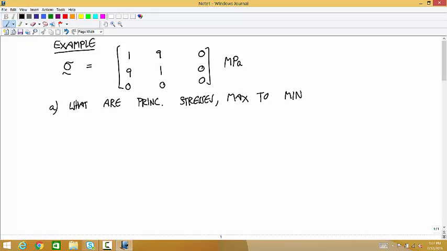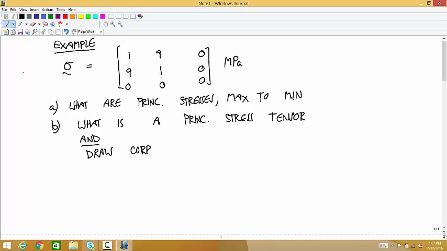Maximum to minimum. Second, what is a principal stress tensor, and draw the corresponding coordinate system.